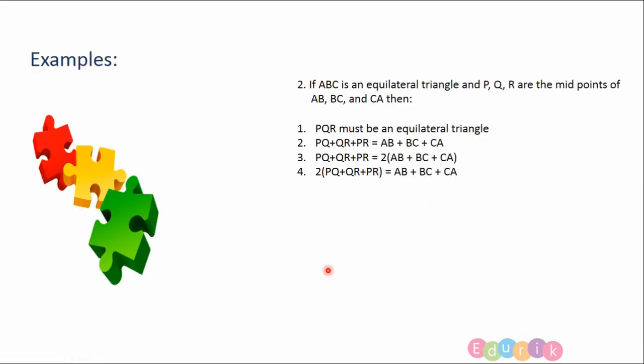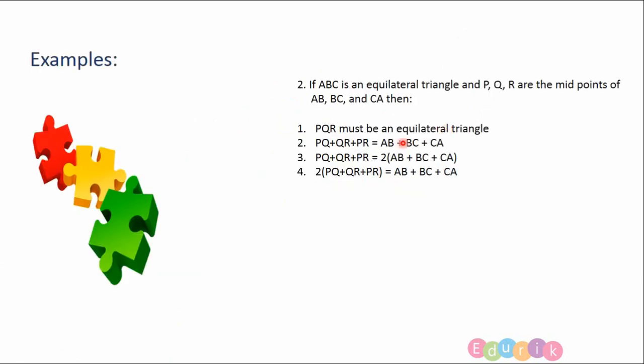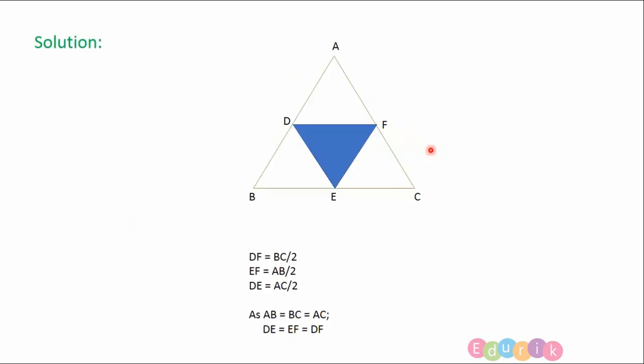Now part B is saying PQ plus QR plus PR, which is basically the three sides of this triangle PQR. So we have got DE plus EF plus DF. So this option is saying whether the sum of these three sides will be equal to the sum of sides of the larger triangle. No, this is not the case.